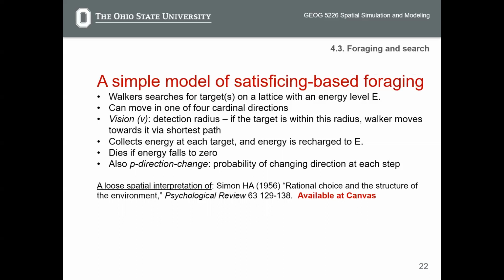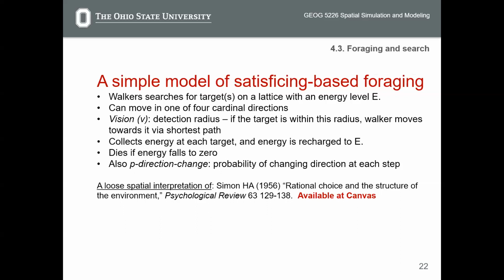Okay, also there is another parameter called p direction change. It is the probability of changing direction at each step, which means that if this p direction change equals 0, the walker will go along a straight line because the probability of changing direction is 0.